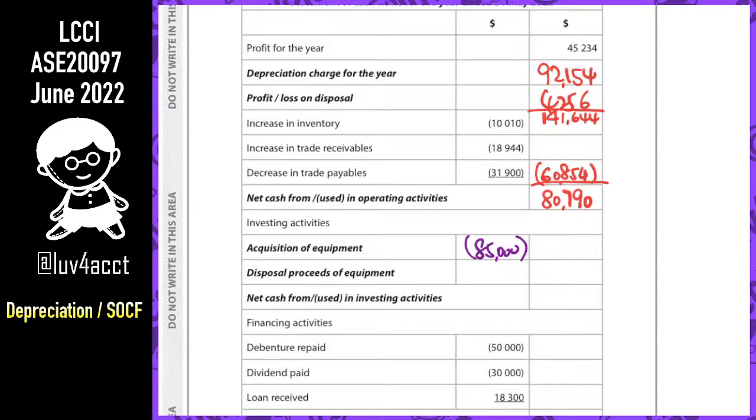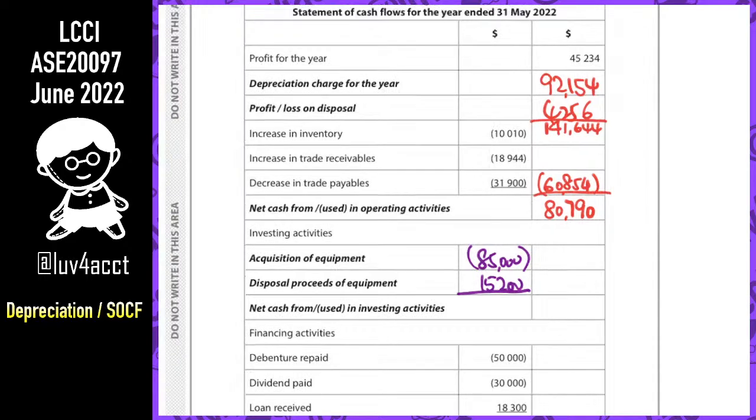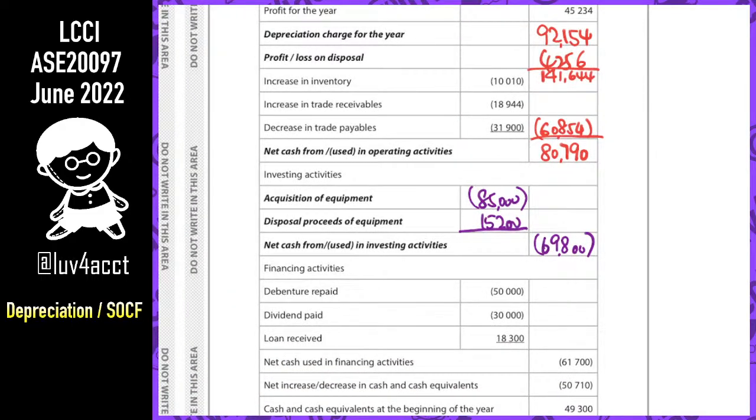How much do you receive? 15200. So 85,000 less 15200 is 69800 negative, used in net cash used in investing activities.